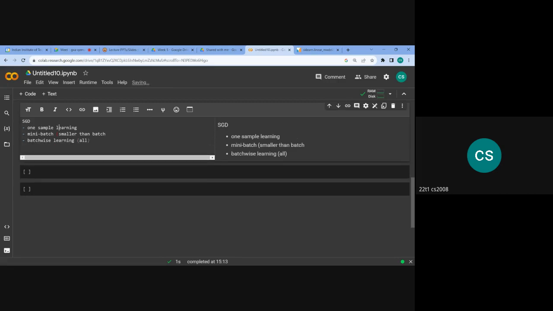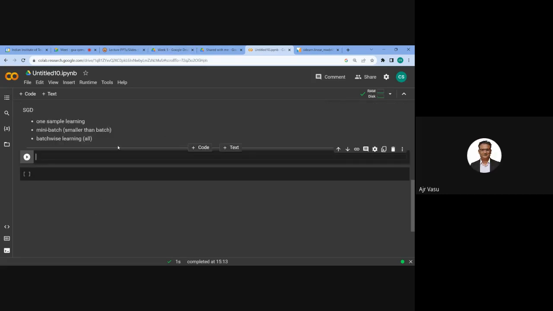And one sample is just one. After one sample, we take a step down for learning the cost function. That is the default behavior of SGD, right, sir? Correct, one sample at a time.